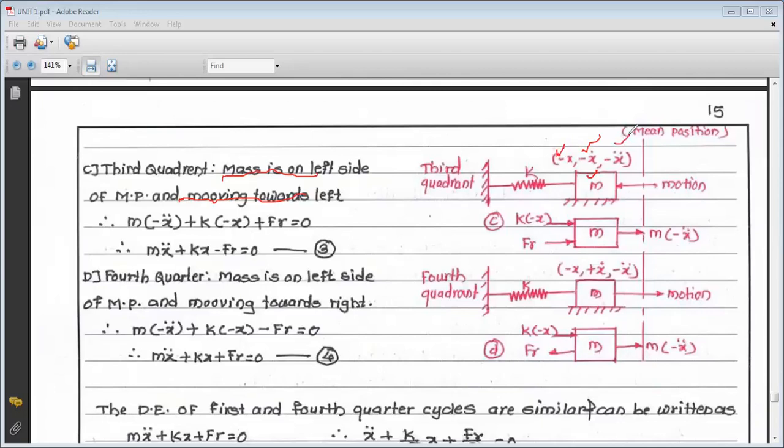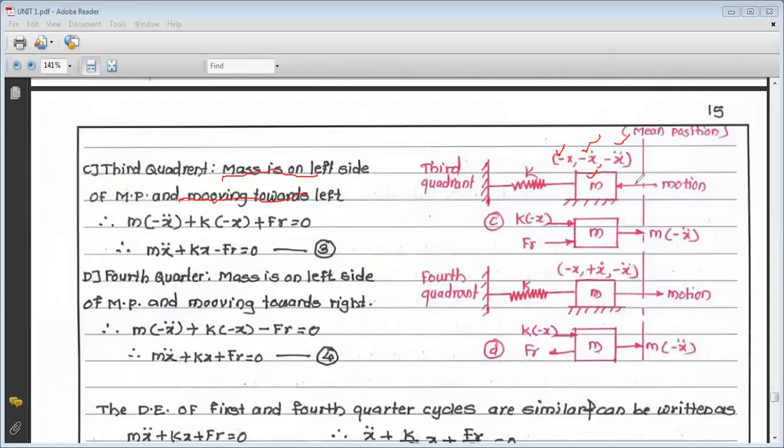Now k into x, that is k into minus x, and m into minus x double dot, both are in the opposite direction, that is, on the right-hand side, because these are on the left side, which is opposite.